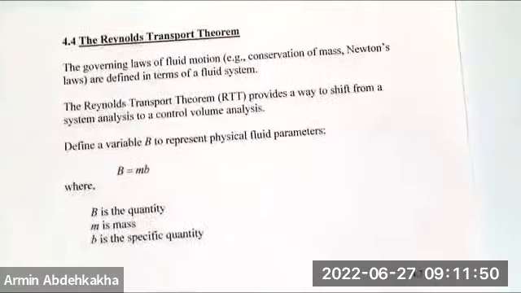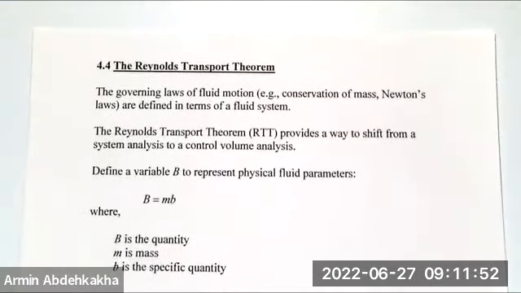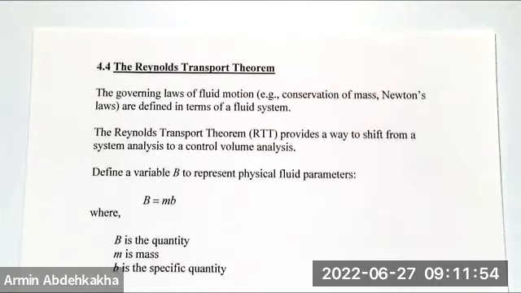So the Reynolds Transport Theorem is going to find a relation between these two, which we use to find the governing laws of motion, actually. Because in fluids, we have two concepts. One is the flow behavior and governing equations, or streamlines, for the fluid. And also we have particles.